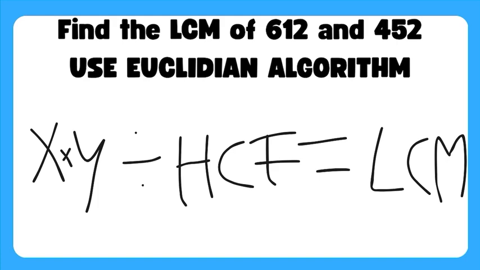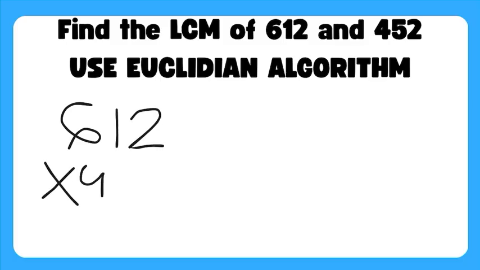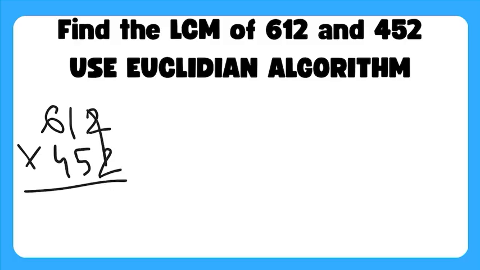That's what it says. So we have to do 612 times 452. That's the first step, and this might take a long time. I have to write it a little small. I hope you can see. So 452. Starting off with 2 times 2 is 4, 2 times 1 is 2, and 2 times 6 is 12.